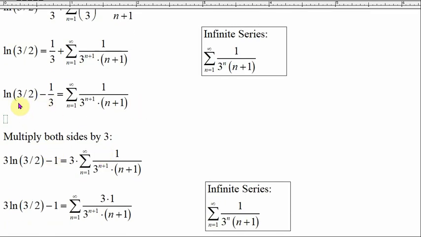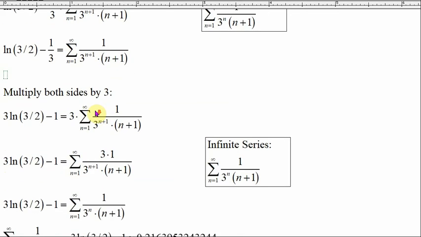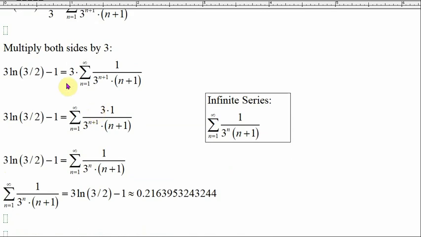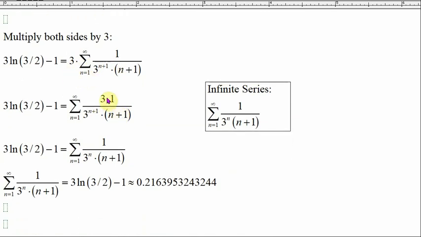Multiplying by 3, we get 3 times the natural log of 3/2. 1/3 times 3 is 1, and then 3 times the infinite series on the right side. And 3 divided by 3 to the n plus 1 is just 3 to the n.